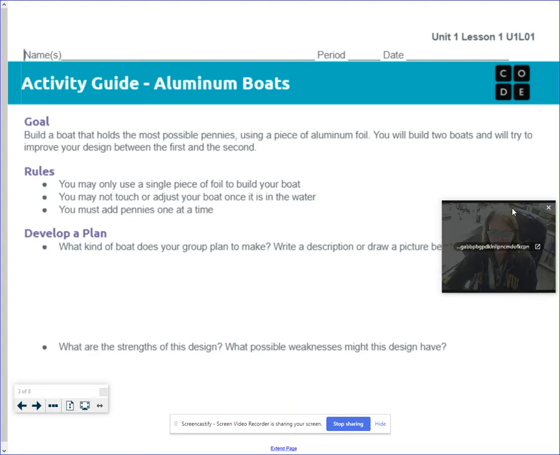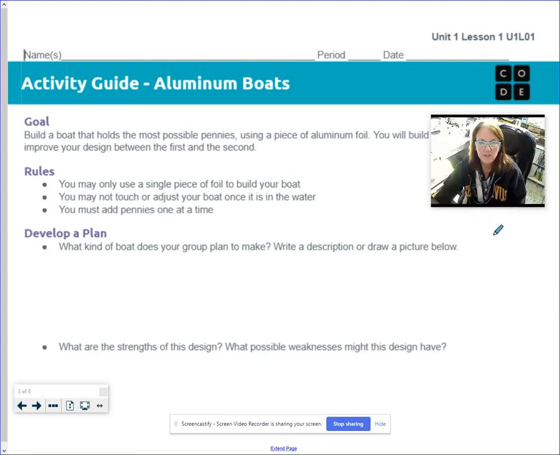So what you are going to do first, and sometimes you get to pick your groups, but because it's the beginning of the year and a lot of us don't really know each other yet, I am picking your groups for you, and you will work with these people today. We have lots of opportunities for groups when you get to pick, so just relax. It will be just fine.